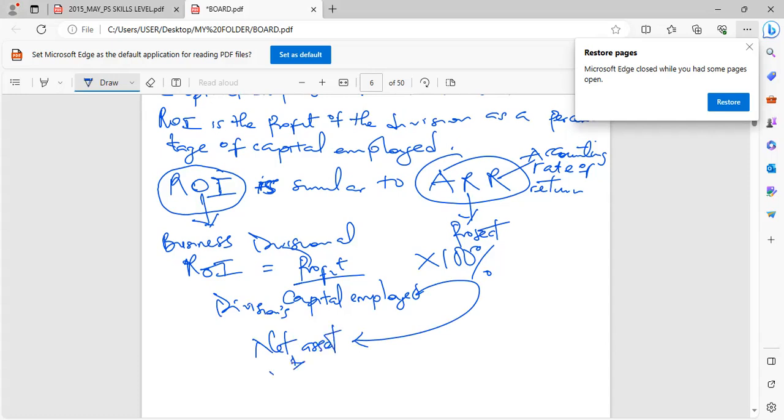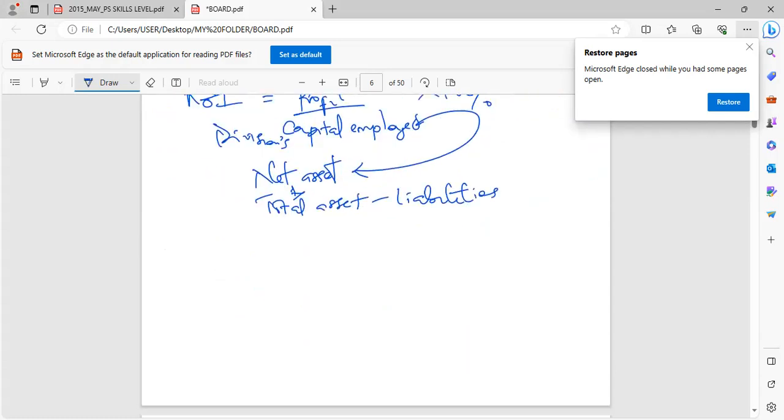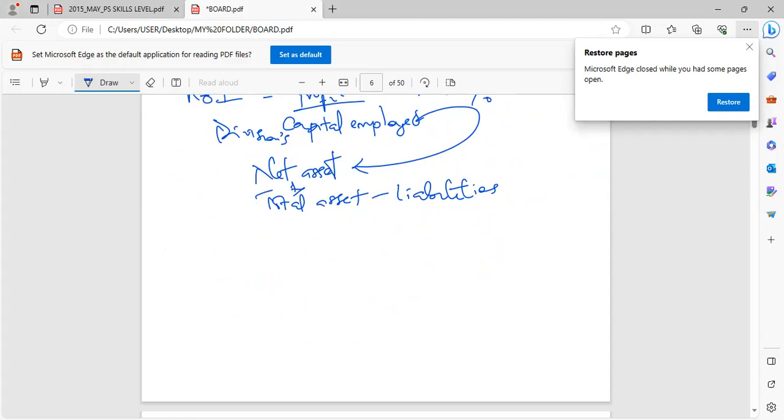where your net asset is your total assets minus the liabilities. And this, we can also call it equity. It's still the equity position of that firm.